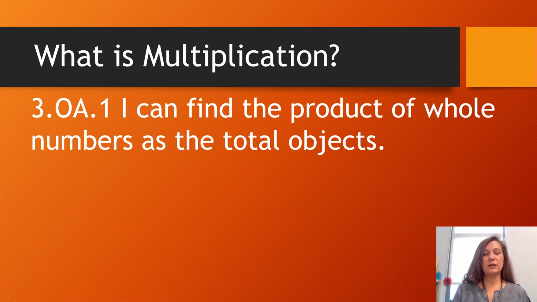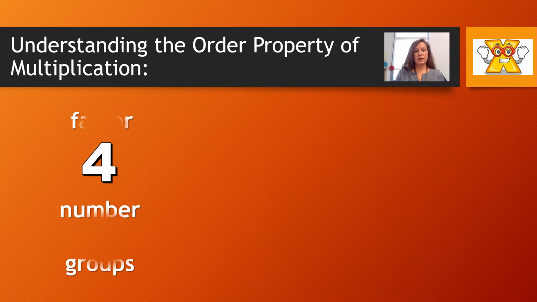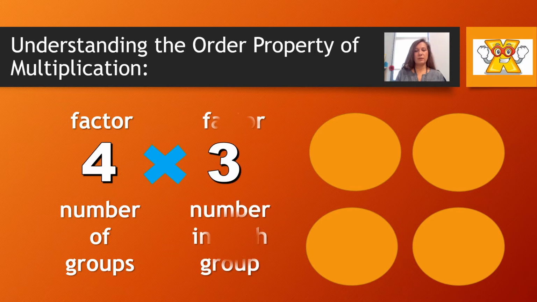So this is still our standard of I can find the product of whole numbers as the total objects. So let's talk about the understanding of the order property. The order property is when you take the factor, which is your first factor, which is your number of groups, and the second factor, which is the number in each group, and you switch those factors.